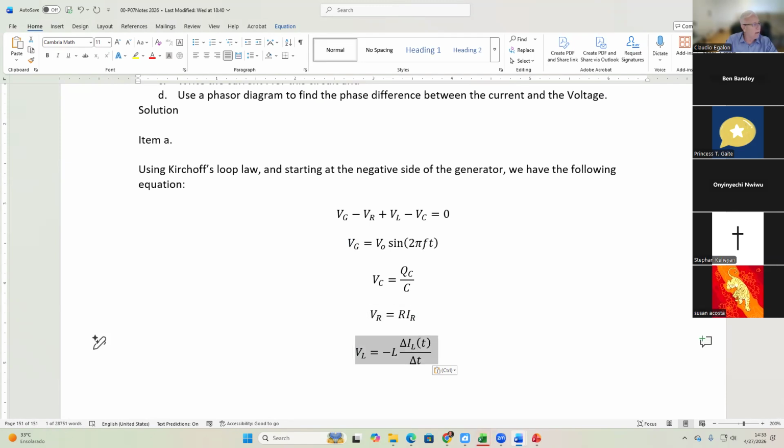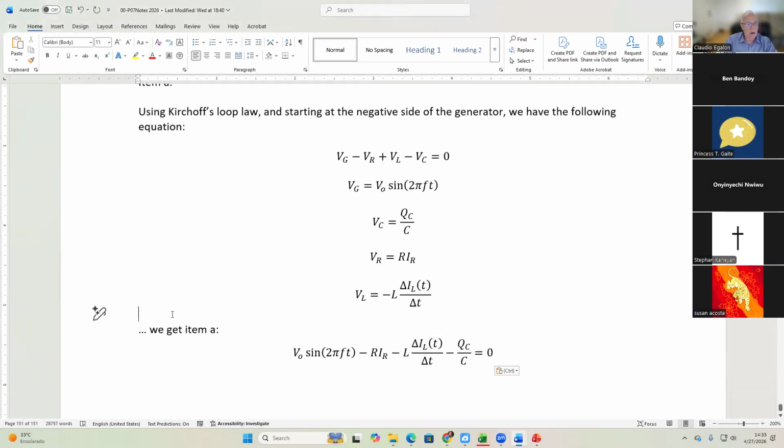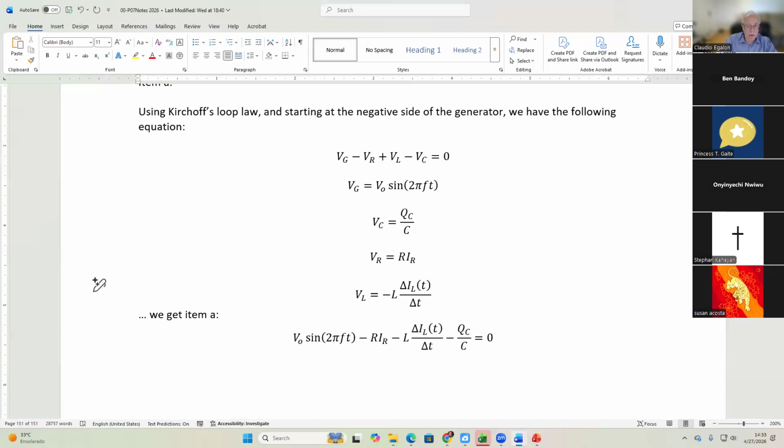And for the inductor, we have this term here. And we get what it was asked to do in item A. Just the equation of Kirchhoff loop law. That's the one. Q sub C over C. And let's not forget, this one is going to be a function of T as well, right? This is going to be a function of T, and the current is going to be a function of T.